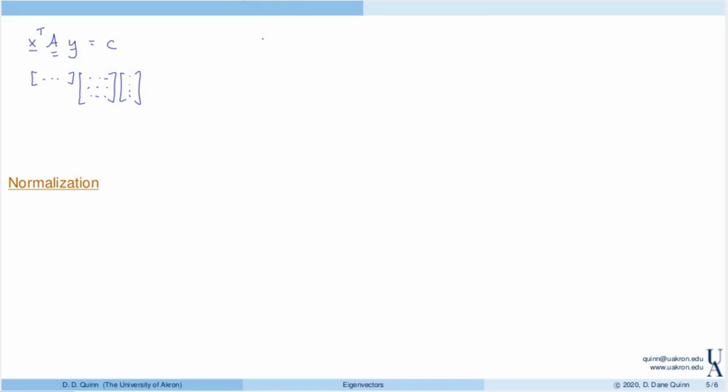Now, it may not be obvious, but the standard dot product can be written in this way. We can write x dot y as x transpose times y, which we can always throw an identity matrix in there. So this could be written as x transpose times the identity matrix times y.